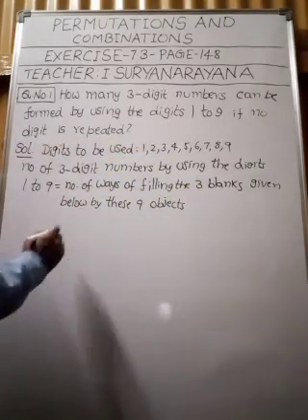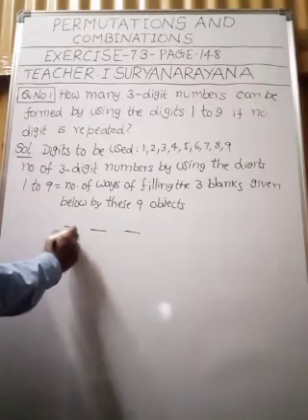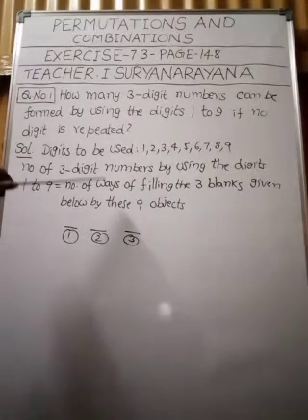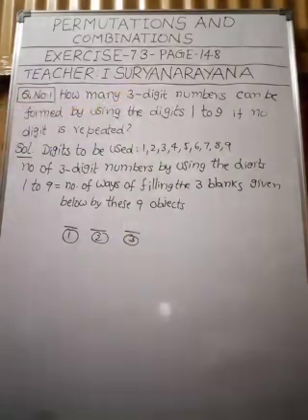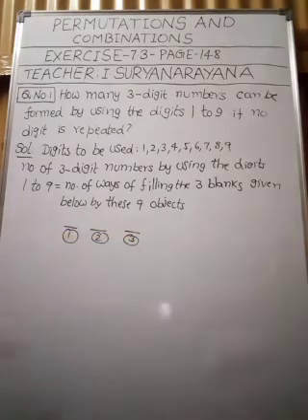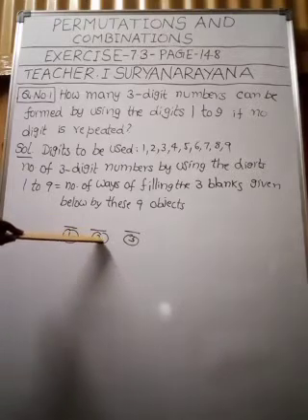Okay, my children. So this is our first, second and third. 3 operations are involved in writing a 3-digit number: hundreds place, tens place and units place. Filling the hundreds place is one operation. Filling the tens place is a second operation.